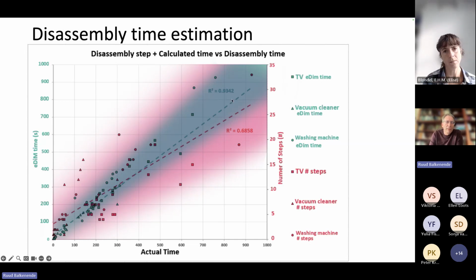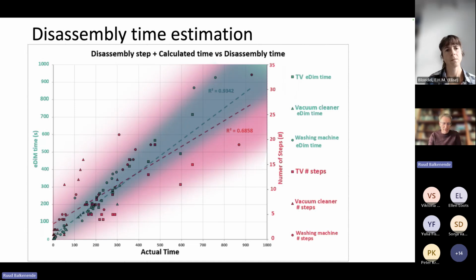It's a far more accurate estimate with less spread in the total time needed than the timing based on the step method. So this is a way, based on an analysis of the product architecture, this disassembly map, combined with proxy times, to directly calculate the likely disassembly time.